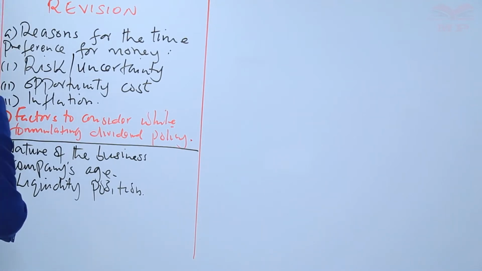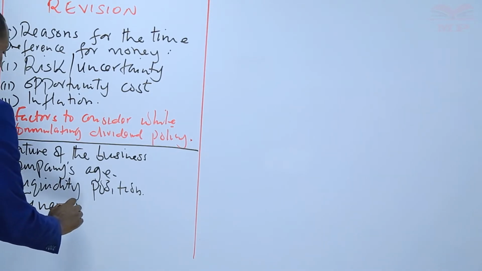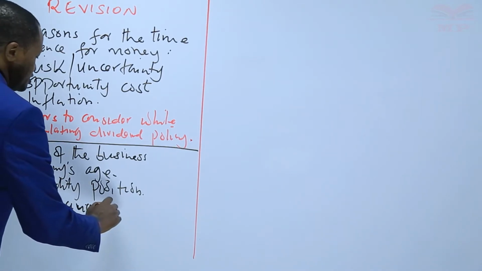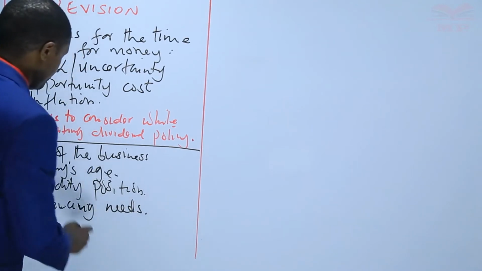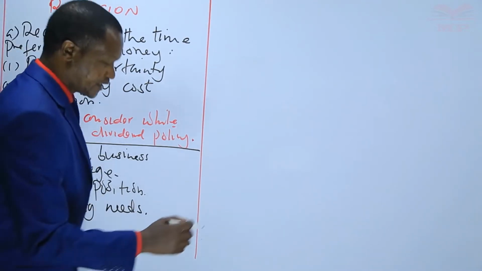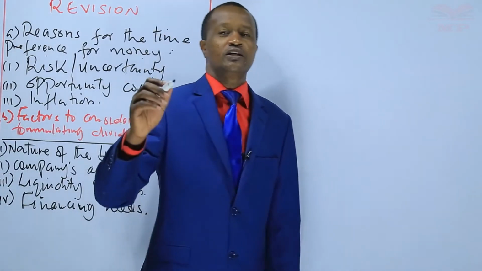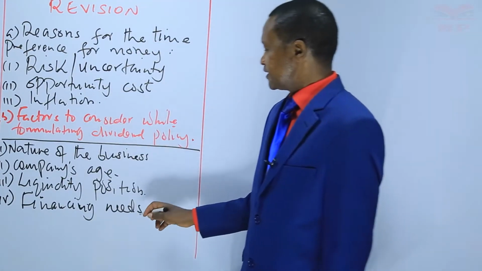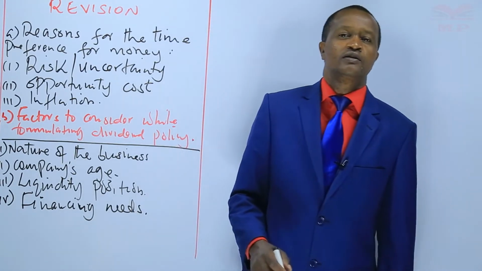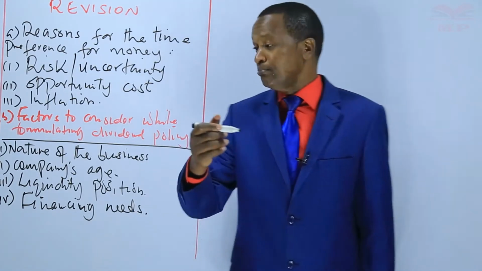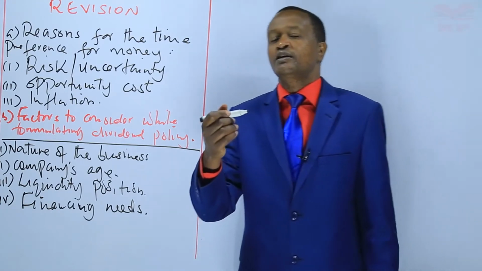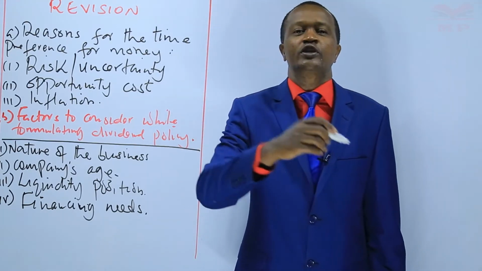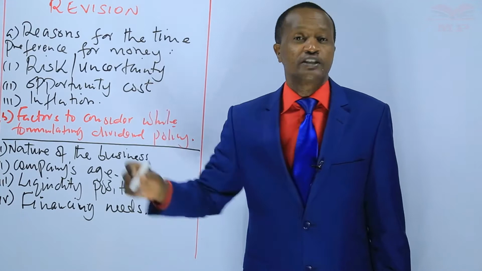Then lastly, number 4, financing. Financing needs of a company is also a factor to consider when formulating dividend policy. Candidates, financing needs mean funds required for foreseeable future investment.